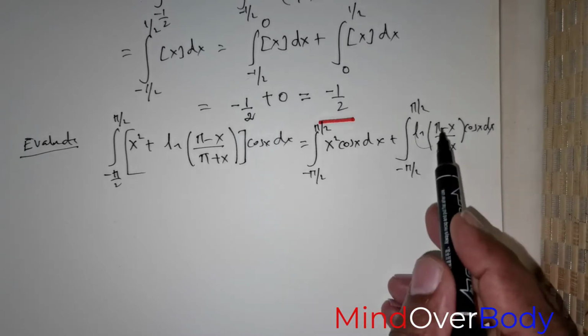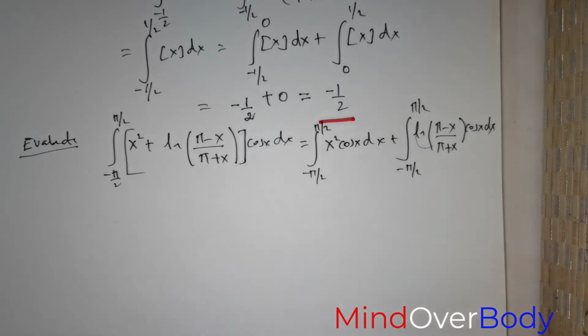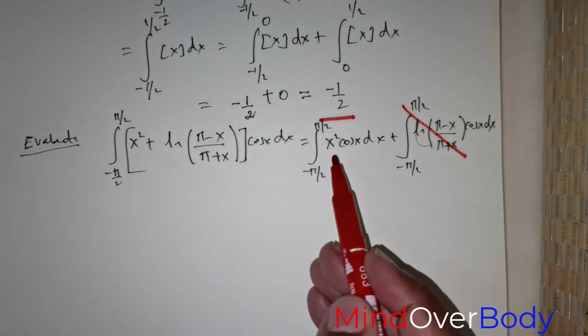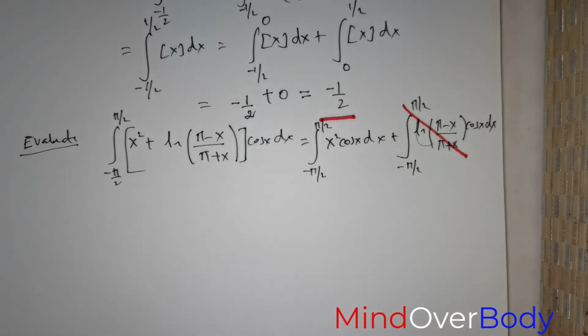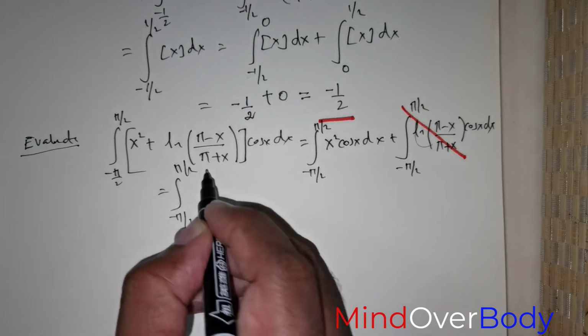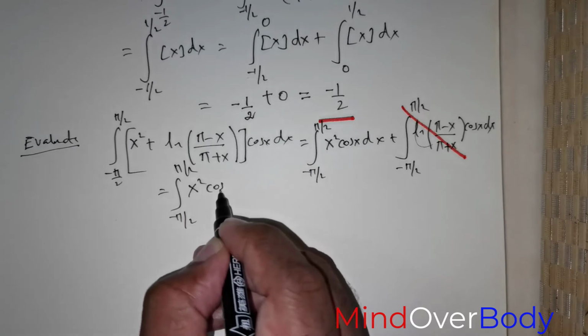Now clearly this is going to be an odd function, right? So that would mean integrating that would give us 0, but we are left with this. So let me write that down. So this is equal to the integral from negative pi over 2 to positive pi over 2 of x squared times cos x dx.